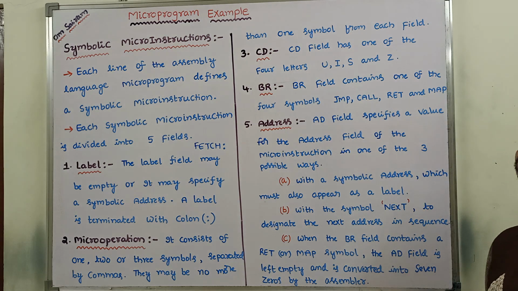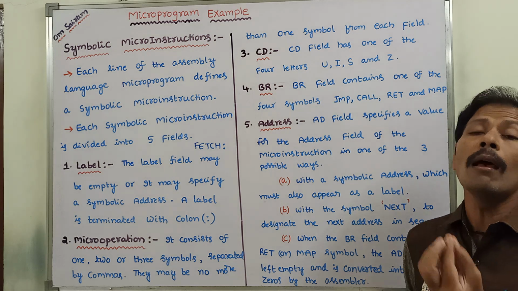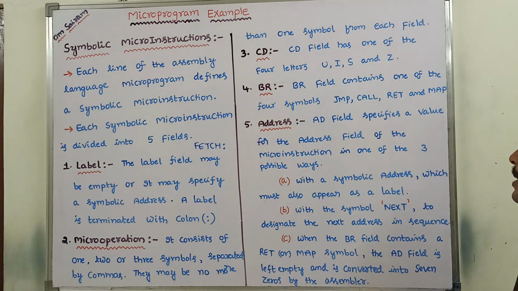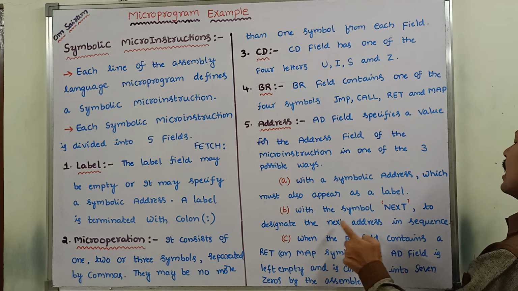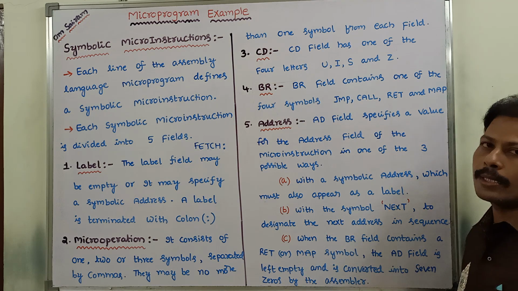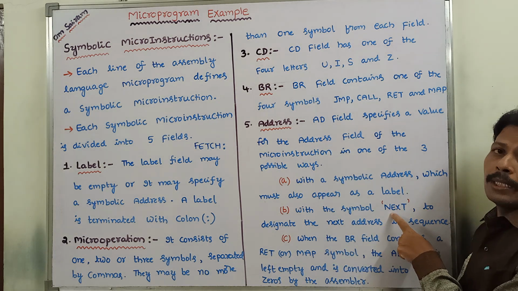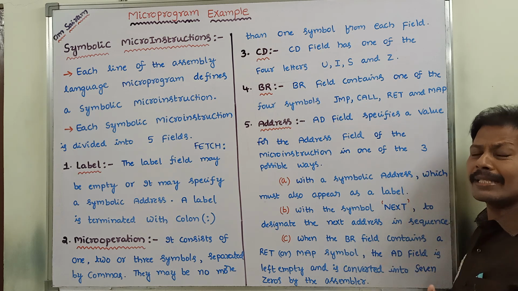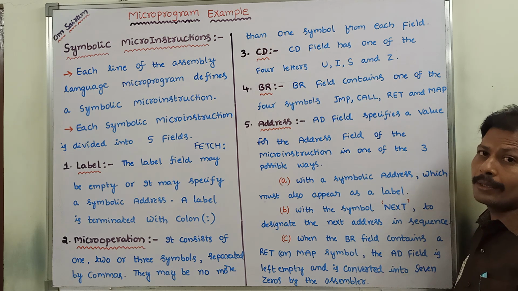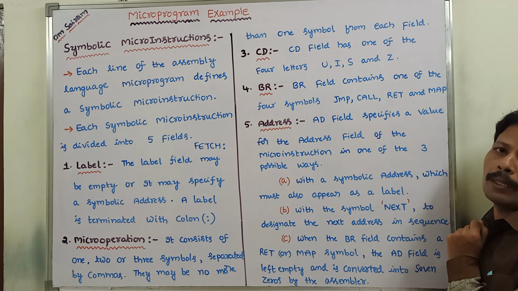Second one is with the symbol NEXT to designate the next address in sequence. In the address field, suppose NEXT is there. So NEXT determines the next address in sequence.